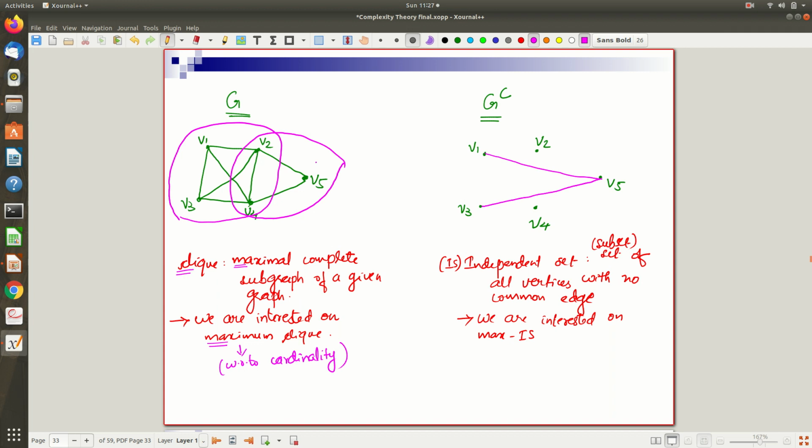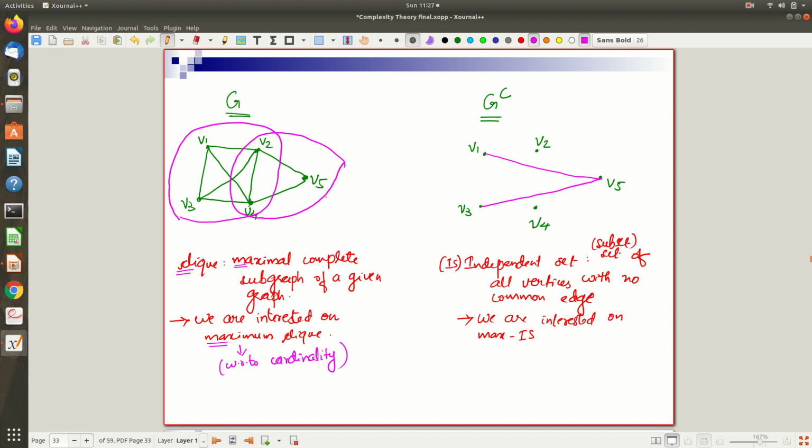So here you can see two maximal cliques, in the sense maximal complete subgraphs, and out of them we look for the one having the largest cardinality. For example, v1, v2, v3, v4, I have 4 vertices and I have a K4 as a maximal clique, and v2, v4, v5, I have a K3 as a maximal clique.